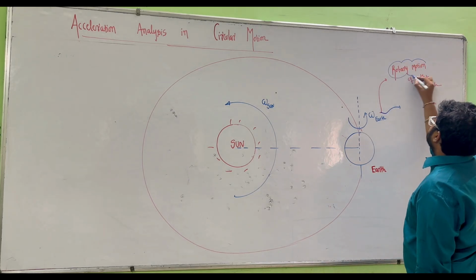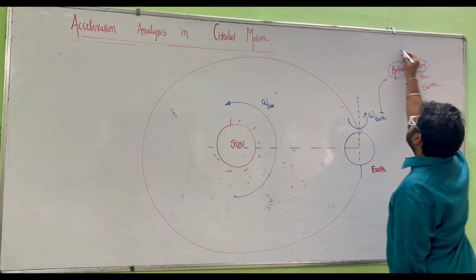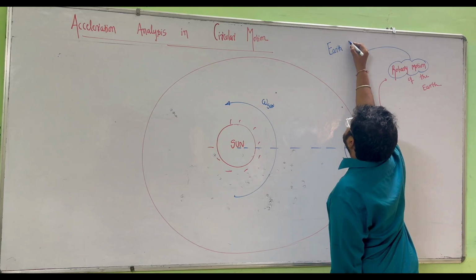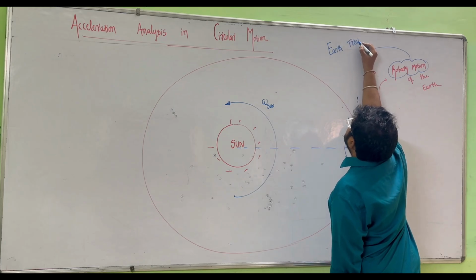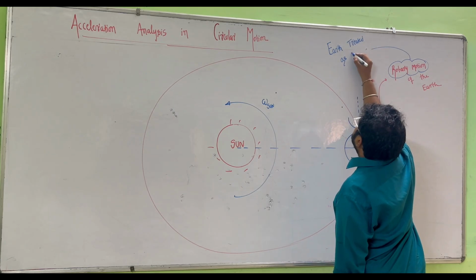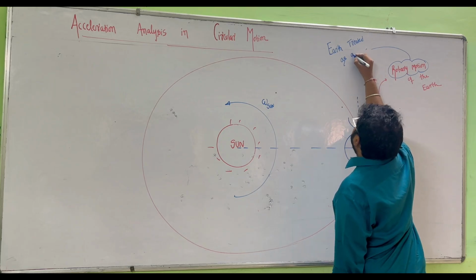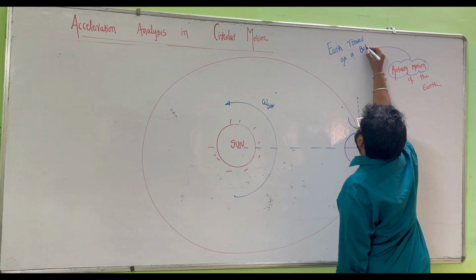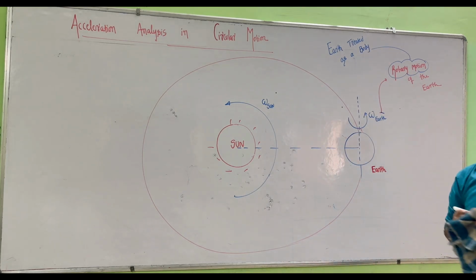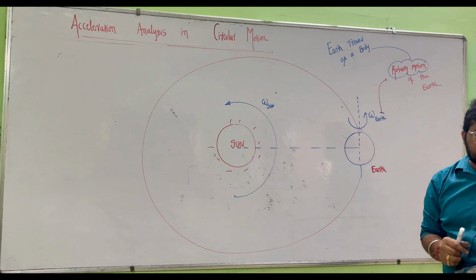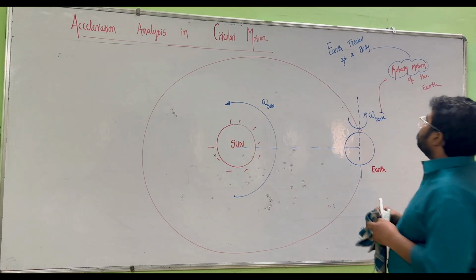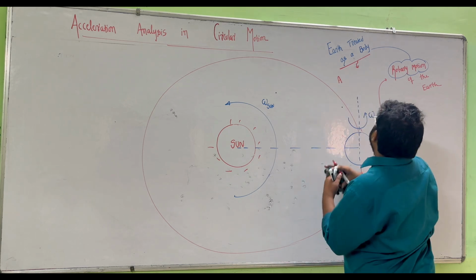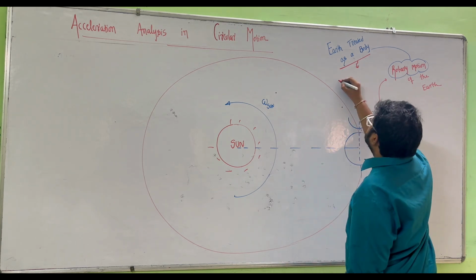In the rotary motion, Earth is treated as a body, or rigid body. Clear? Velocity at any point on the Earth is not the same.